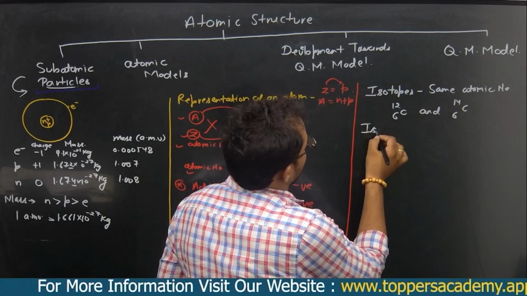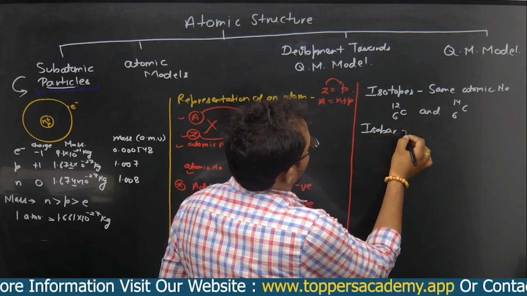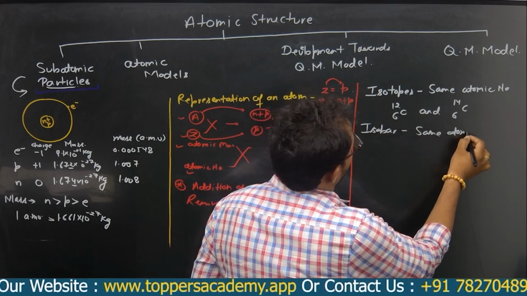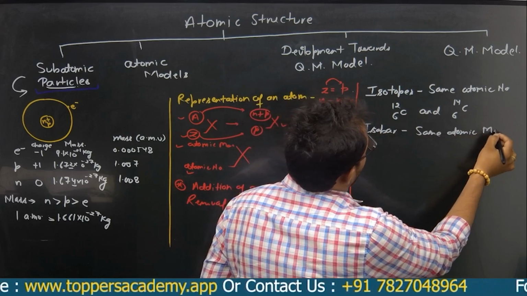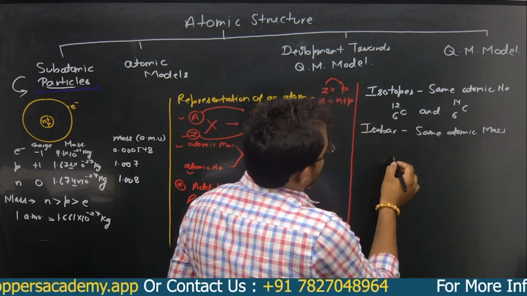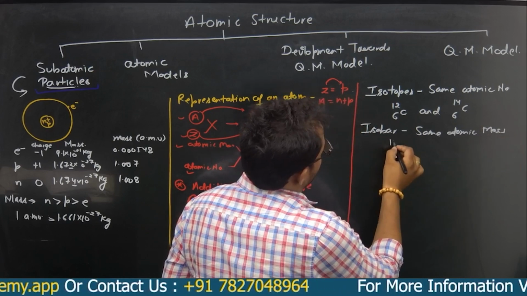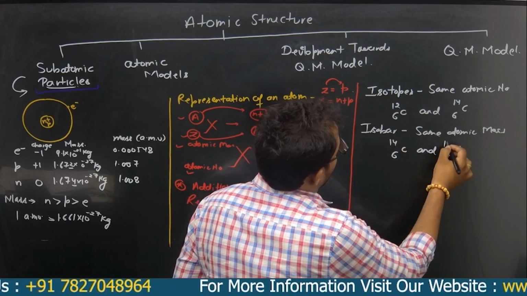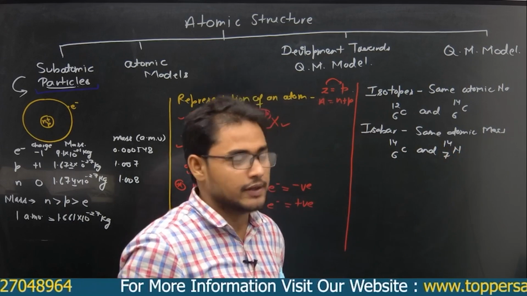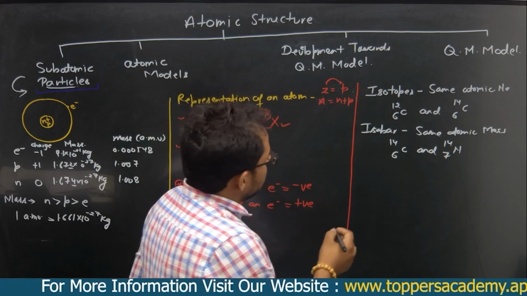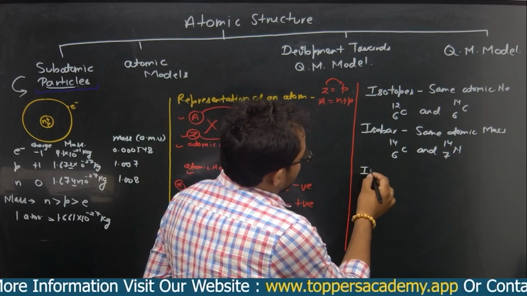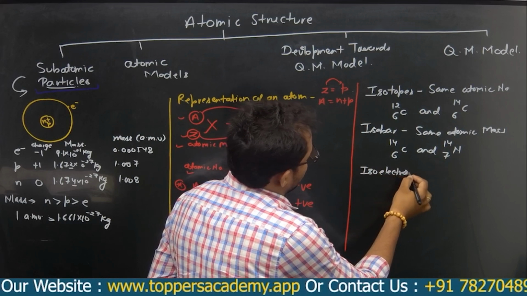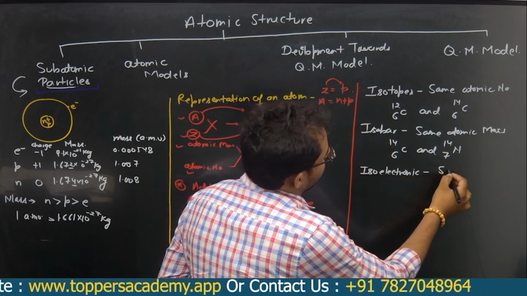Isobars: same atomic mass. For example, 6C14 and 7N14. Okay. Isoelectronics: same number of electrons.